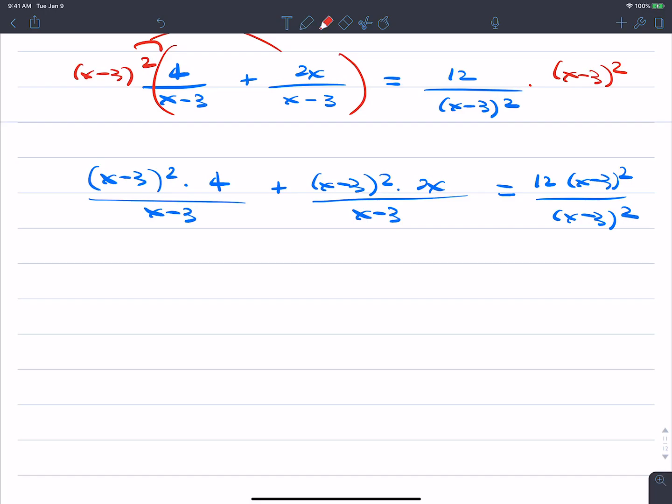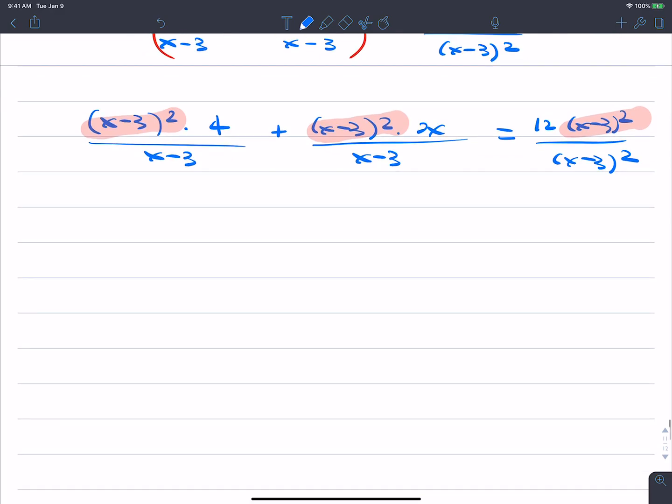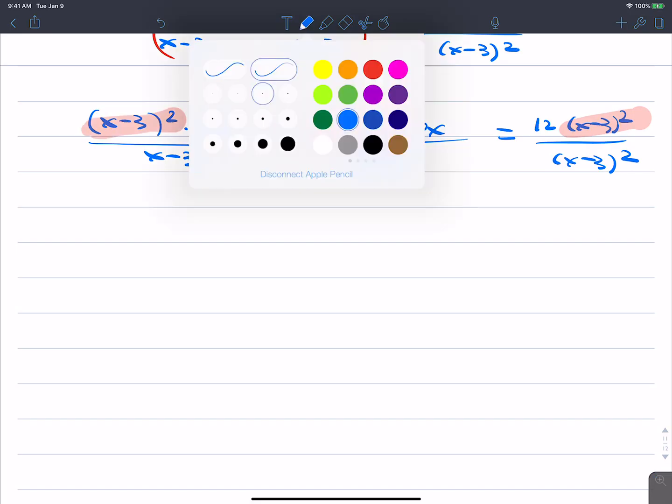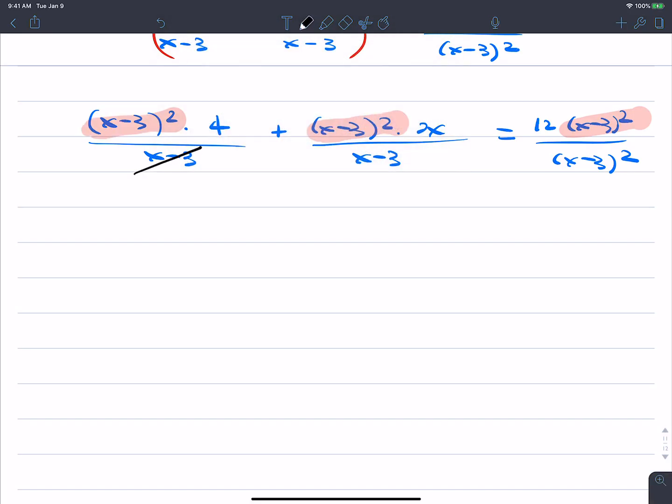So notice again, my LCM is multiplied to every term. And when that happens, how do we simplify? Do you guys know what's going on here? Cancels. What happens here? Cancels. What happens here?